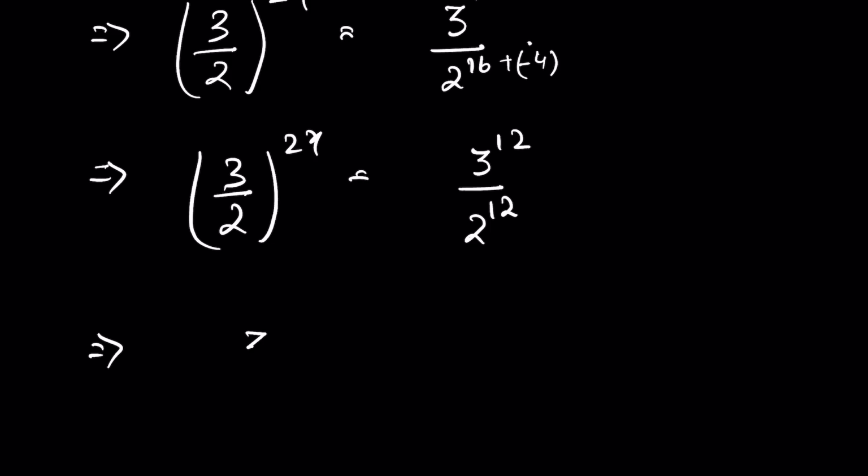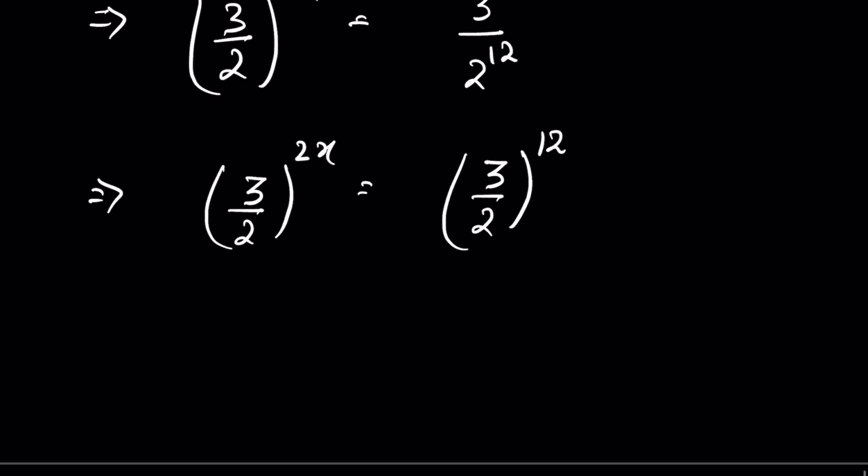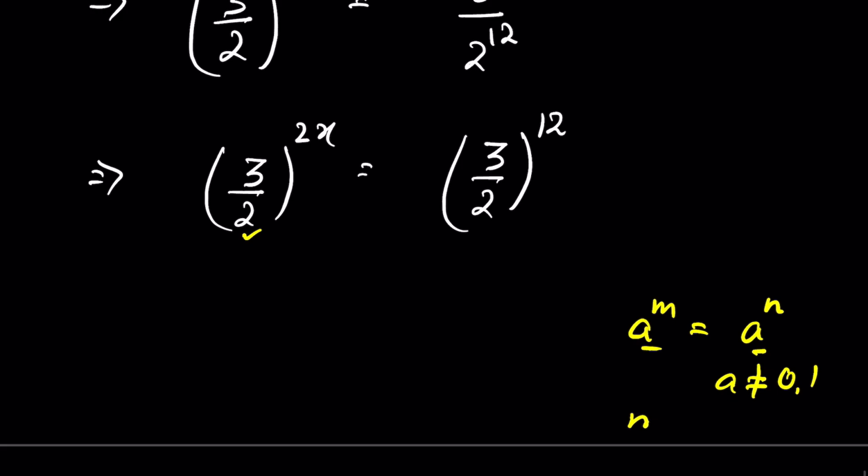Or 3 upon 2 whole to the power 2x is equal to 3 upon 2 whole to the power 12. Now there is a rule, if a to the power m is equal to a to the power n, and a is not equal to 0 or 1, here a is 3 upon 2, therefore in that case m is equal to n.